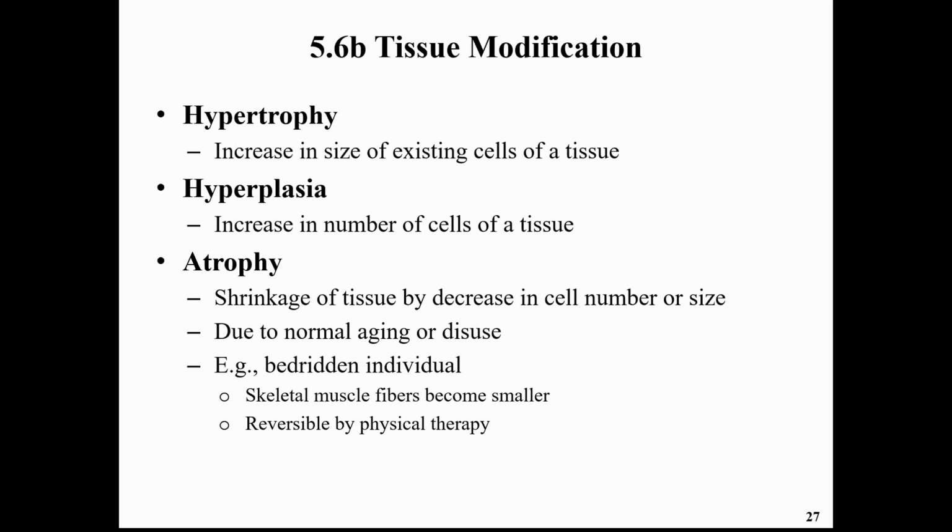Aplasia would be the proper term for a decrease in cell number. Atrophy indicates a shrinkage in tissue by decrease in cell size or number.